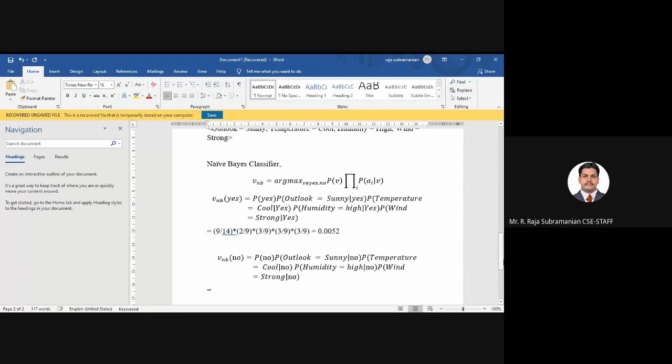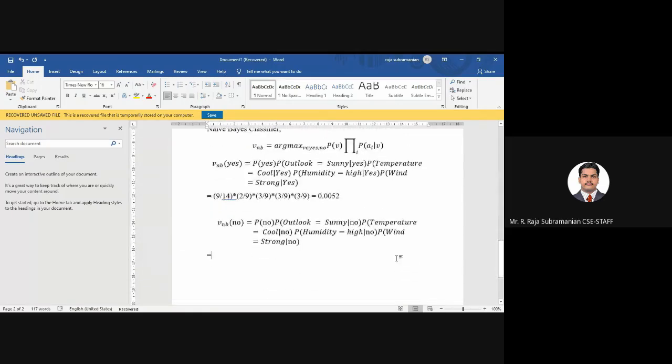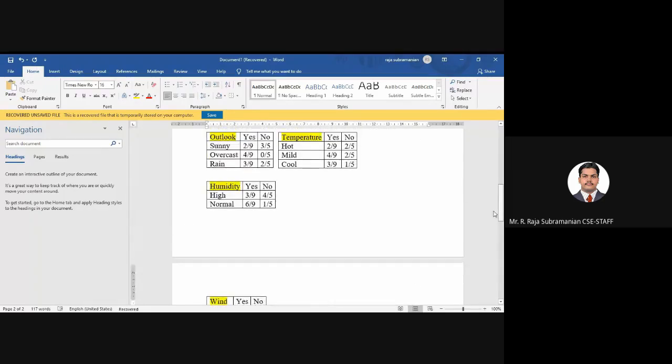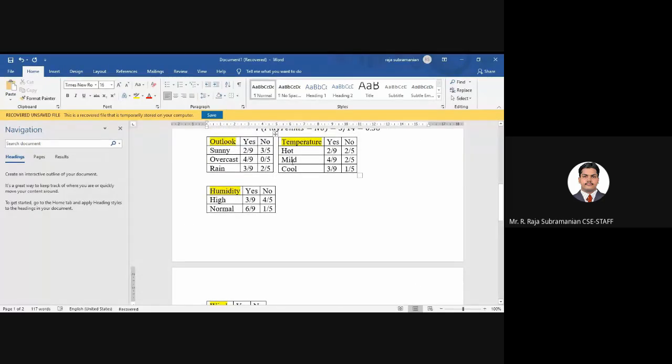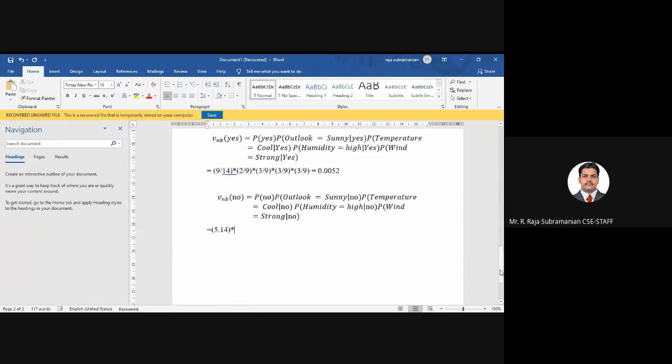Probability of no is nothing but 5 by 14. Can you tell me quickly so that I can finish? 5 by 14. And sunny given no is 3 by 5, and cool given no is 1 by 5. If I forgot, you just give it to me. So I take it and put here 3 divided by 5 into 1 divided by 5.